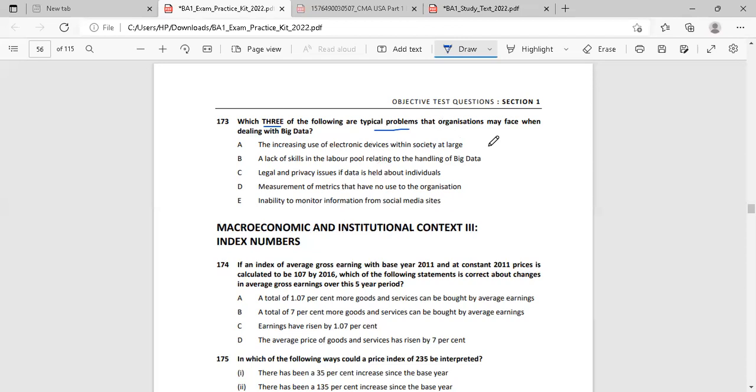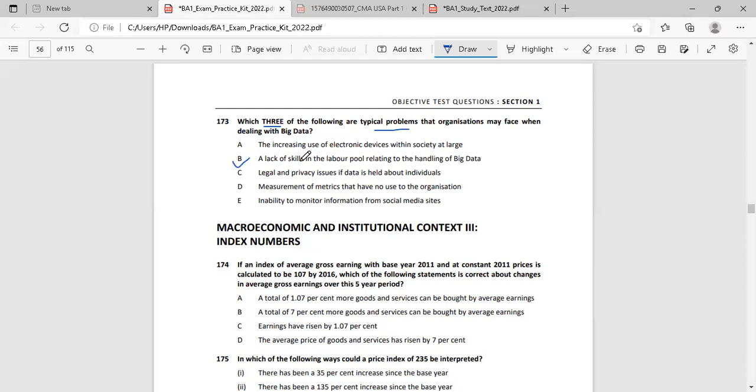The second one is a problem because, though data is captured, to process that data people should be equipped with the skills of big data analysis. Because of lack of that, though data is captured and collected, it cannot be processed. So we see that there is a lack of skills in the labor pool relating to the handling of big data. That is correct.